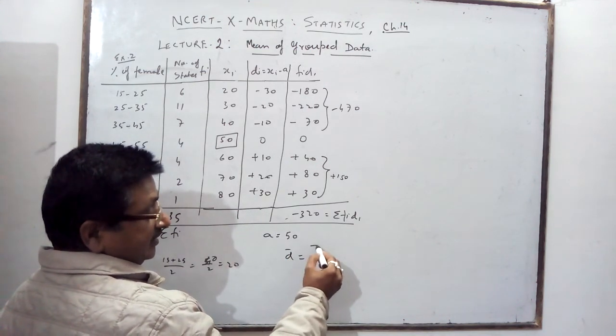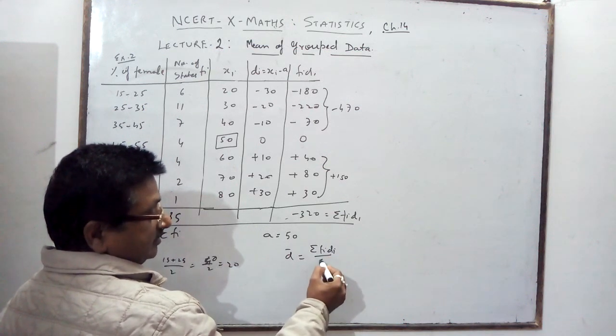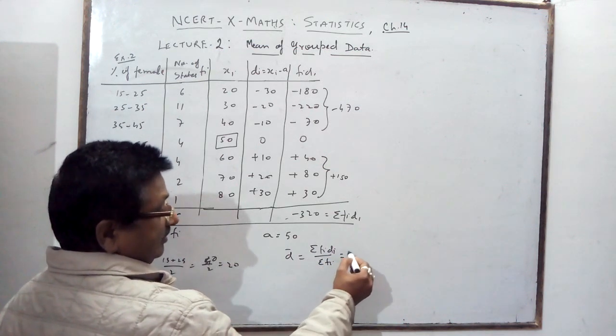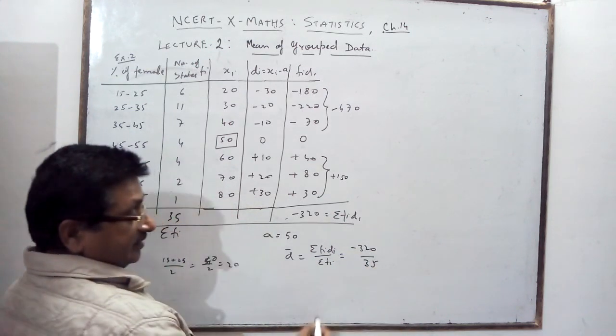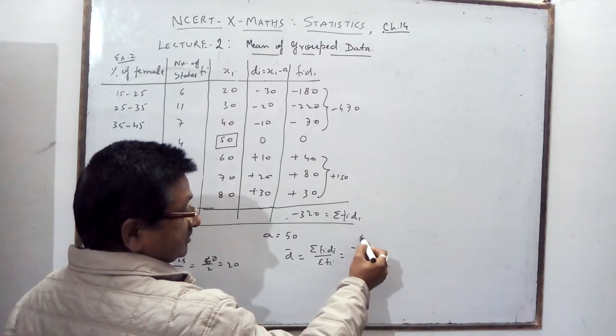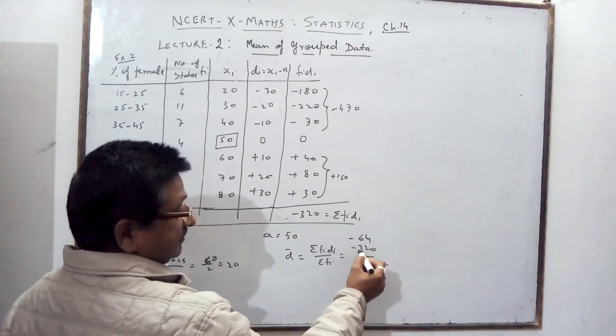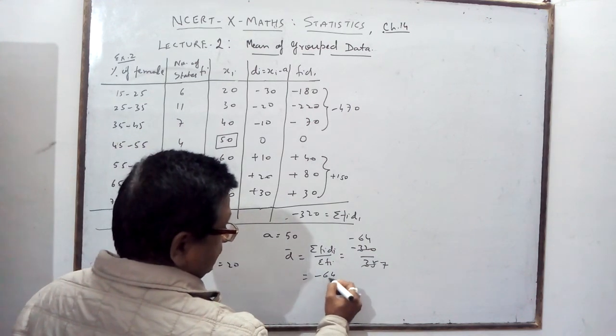D bar will be sigma fi di upon sigma fi, that is minus 320 upon 35. 5 7 is 35, 5 6 is 30, 5 4 is 20. So you will get minus 64 by 7.